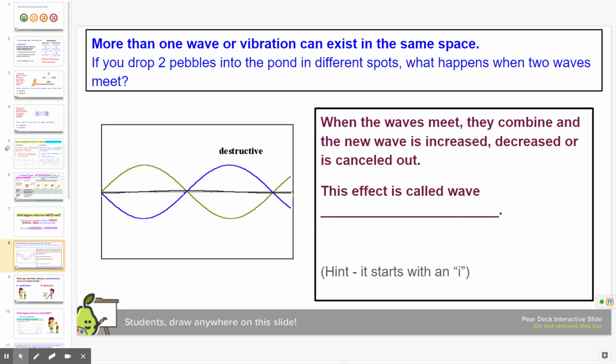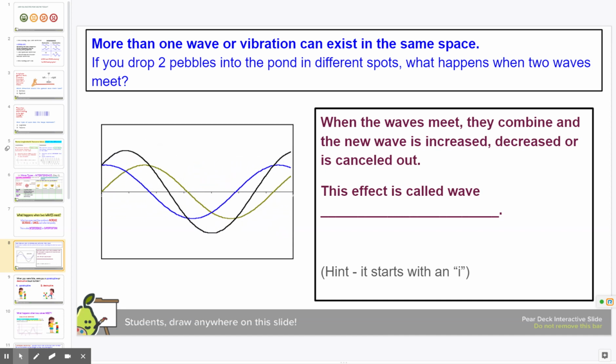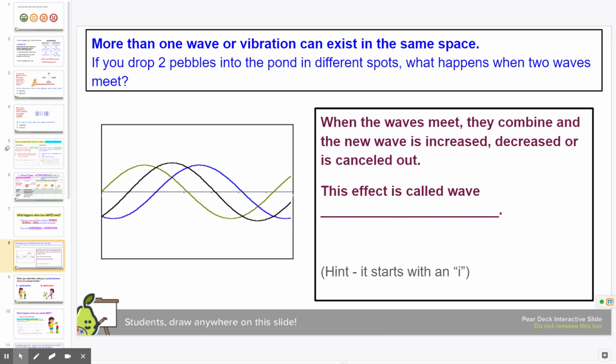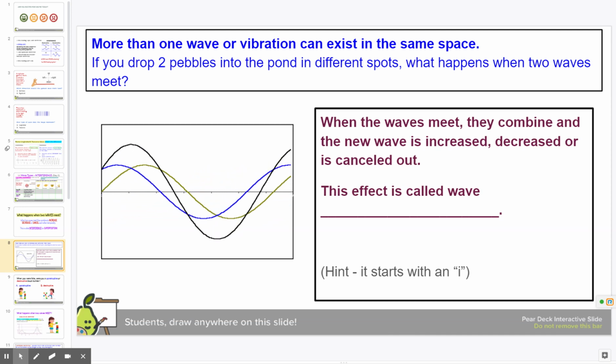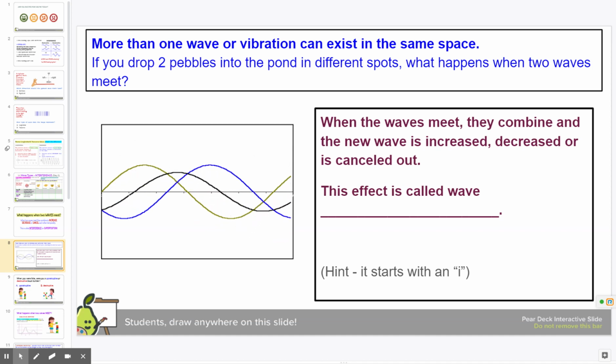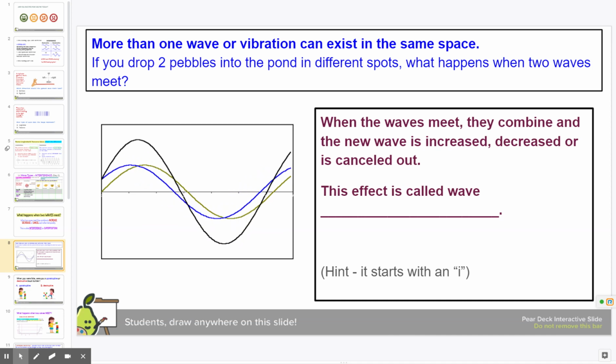More than one wave or vibration can exist in the same space, and those waves can have different properties, different amplitudes, different wavelengths. If you drop two pebbles into the pond at different spots, what happens when those two waves meet?